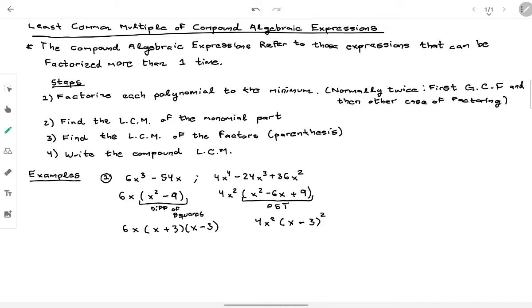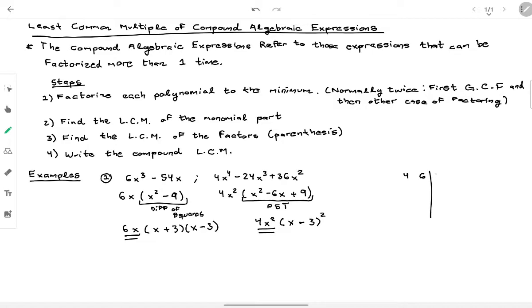So in this case, I need to look for the least common multiple between the monomial part, between the 6x and the 4x squared. Well, we can decompose the 4 and the 6 to obtain the least common multiple between those.